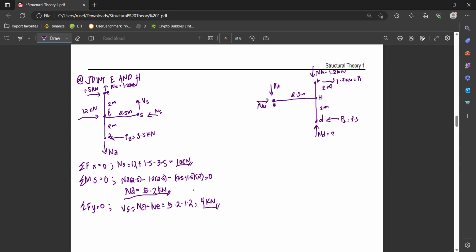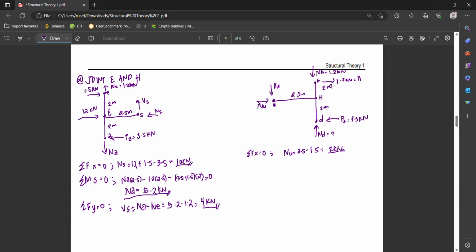is 3.5 kilonewton. Yan. So, summation forces along X na muna tayo. Summation forces along X equals 0. This is equal to NU equal to 3.5 minus 1.5. This is equal to 2 kilonewton.